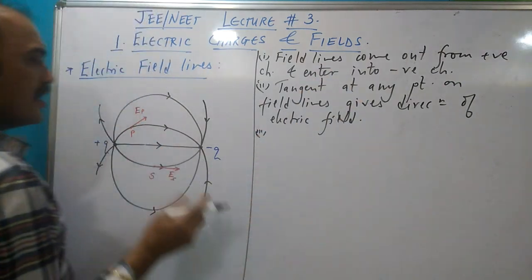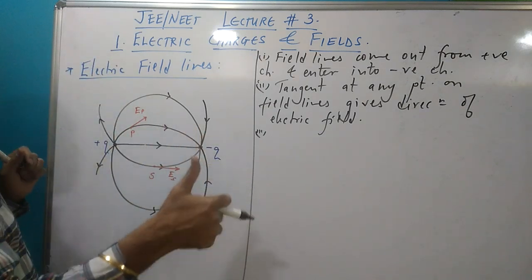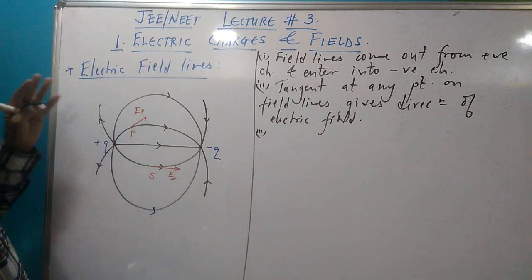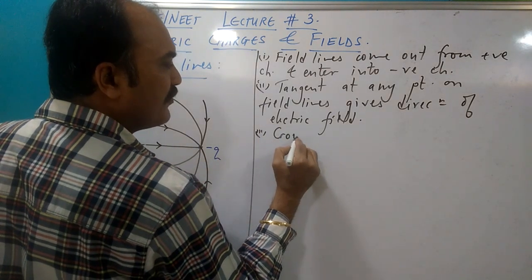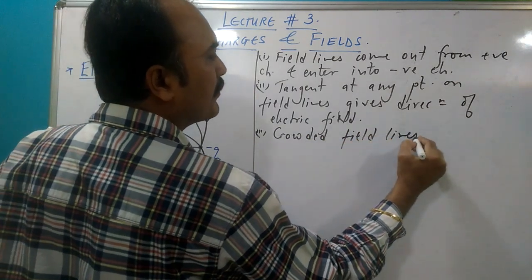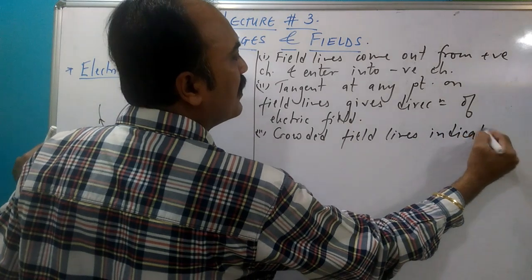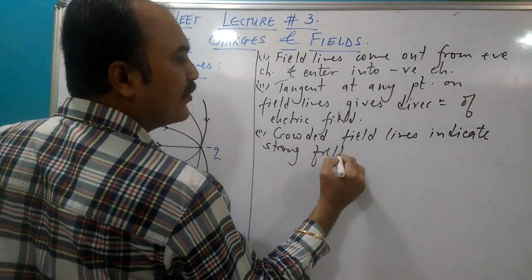Third, the field lines, if they are crowded, they would indicate strong field, and if they are widely spaced apart, would indicate weak field. So crowded field lines indicate strong field and vice versa.